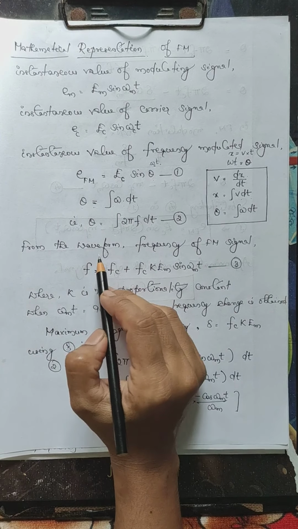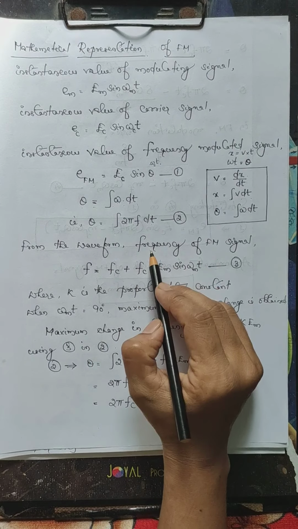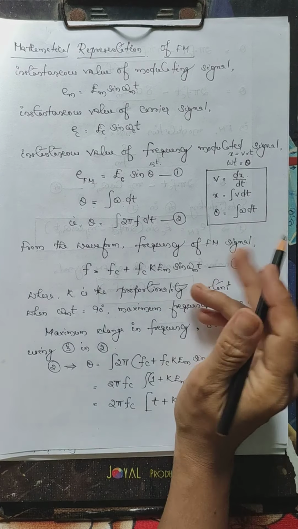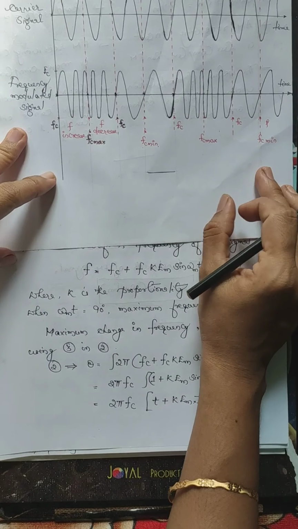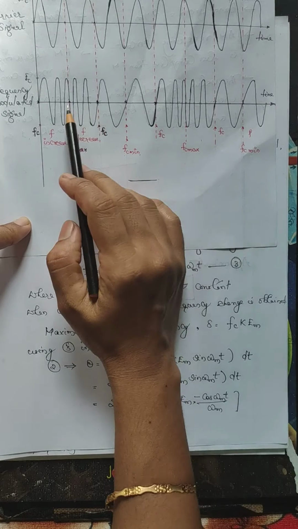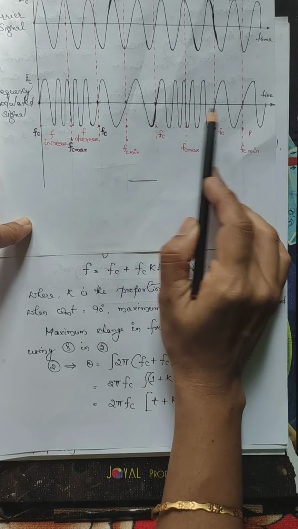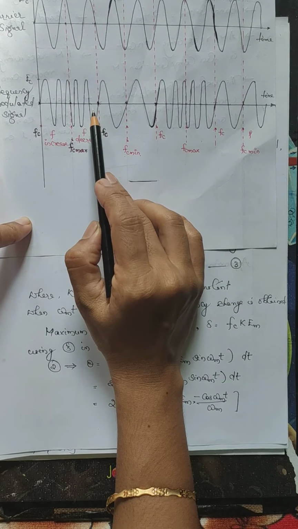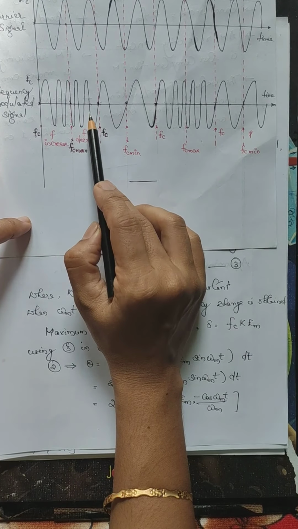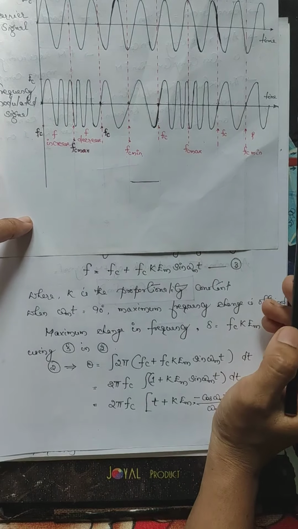Now from the waveform we can write the frequency of the FM signal. This was our FM signal; its frequency is increasing at certain points and decreasing at certain points.